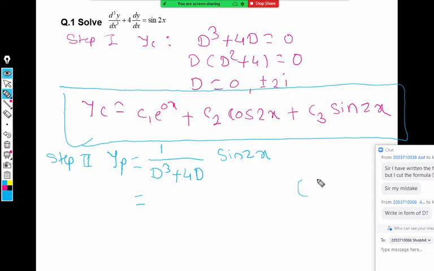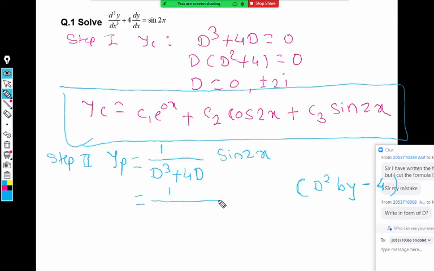Replace d square by minus 4. So only the terms of d square we can replace. Remember, the term of d we cannot replace. We have to keep it as it is.